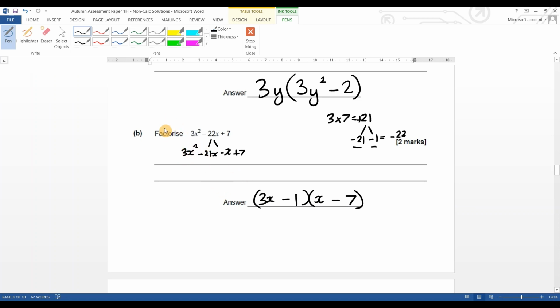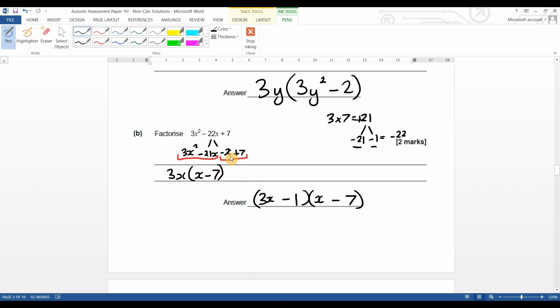Now we've got to factorize this bit separately. So when we factorize this, what can we take out? We can take out 3, definitely. And we can take out an x. What are you left with? You're left with x minus 7.